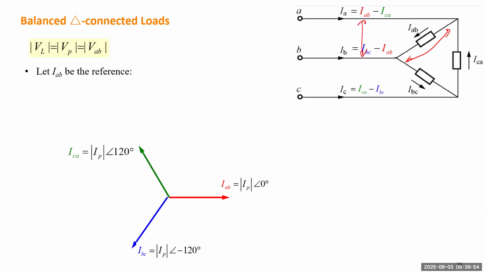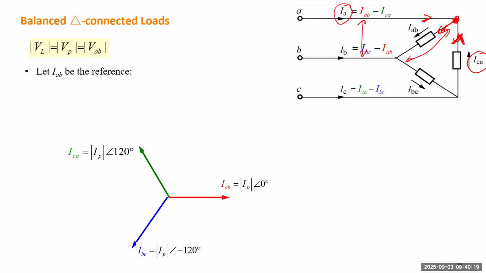And next, from Kirchhoff's current law, we know that if we look into this point, there are two currents coming in, one is IA, the other is ICA, and there's one current coming out, which is IAB.